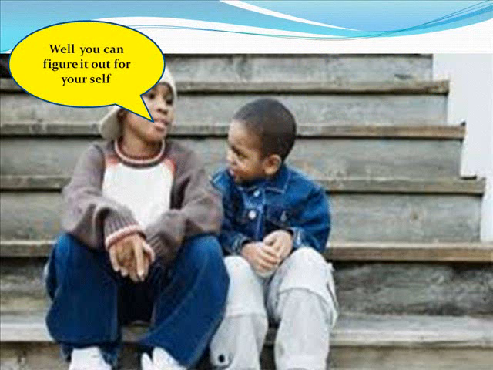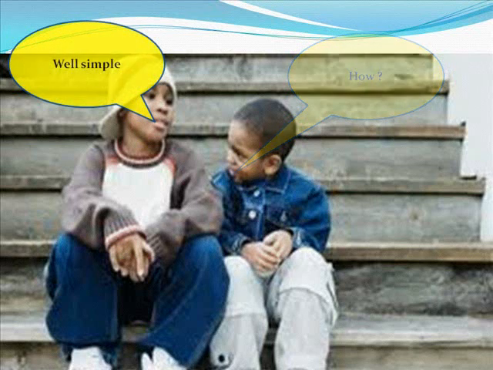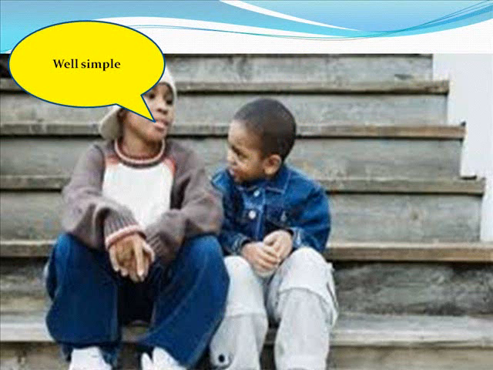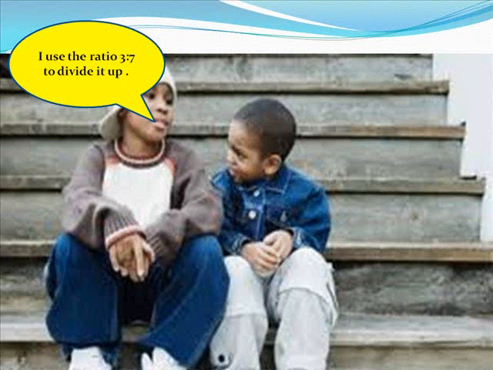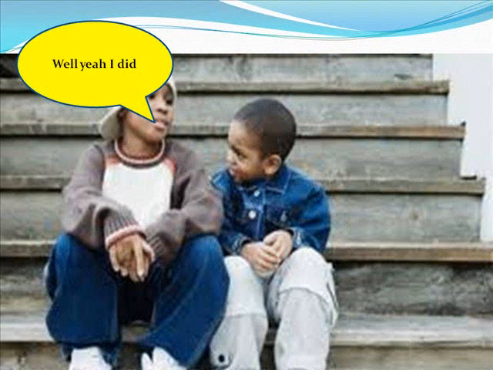Well, you can figure it out for yourself. How? Well, simple. I use the ratio 3 to 7 to divide it up. Okay, so I figured that you gave me the smaller share. Well, yeah, I did.